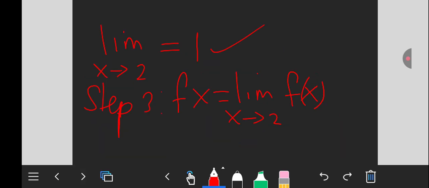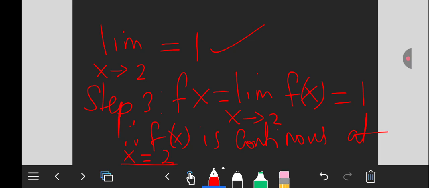So we're going to say, since f of 2 is equal to the limit of f of x, which is equal to 1, therefore the function f of x is continuous at x is equal to 2.